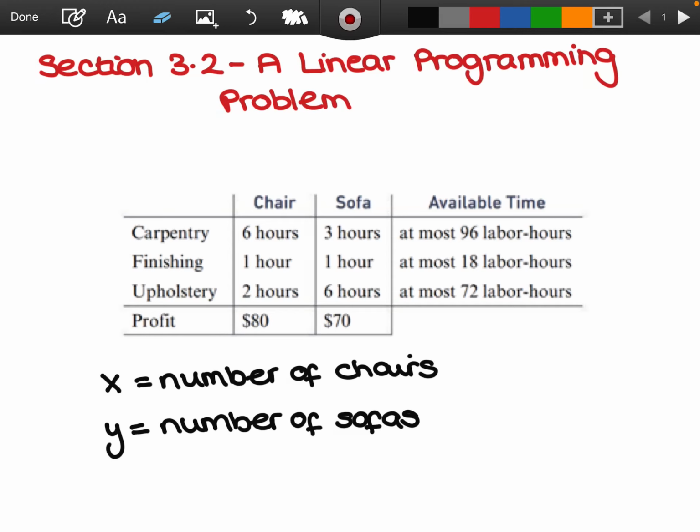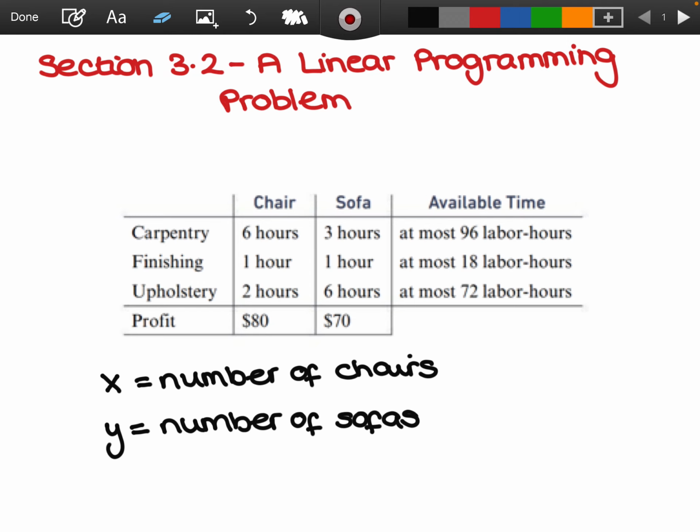In this video, we're going to look at section 3.2, which gives us a real-world example of a linear programming problem. It combines what we looked at in 3.1, where we find the feasible region for a set of linear inequalities, where all points in that region satisfy our system of linear inequalities.